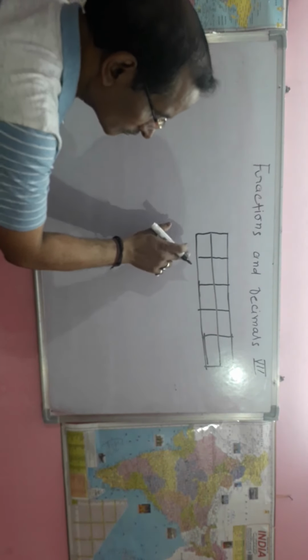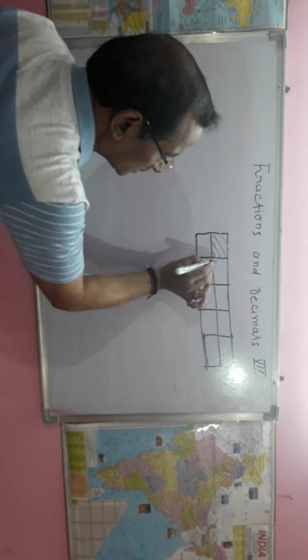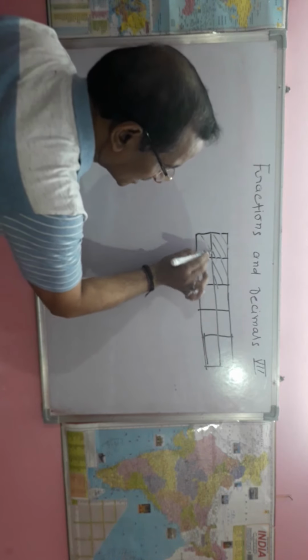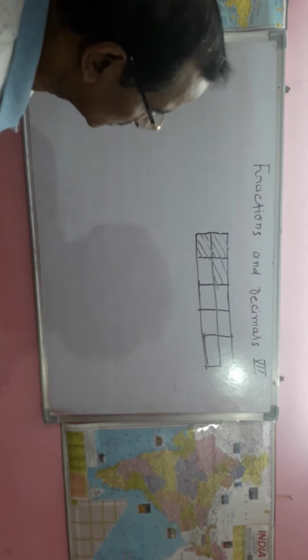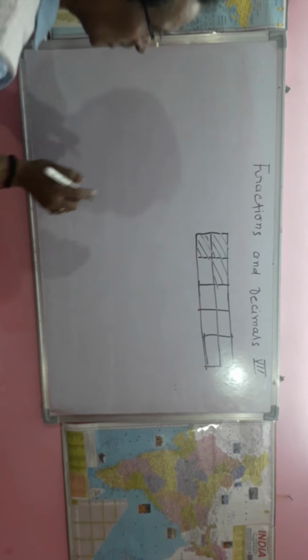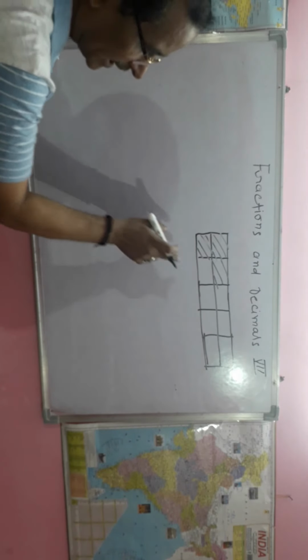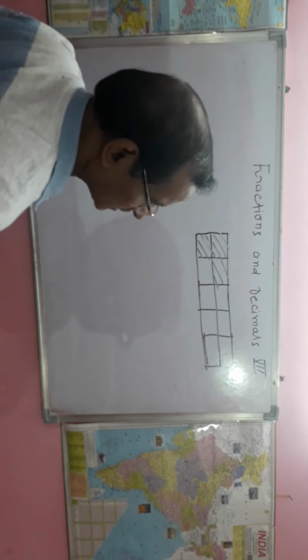If we distribute 3 parts of this among the students, then how much part will be left with us?